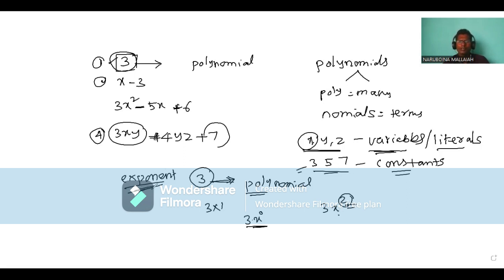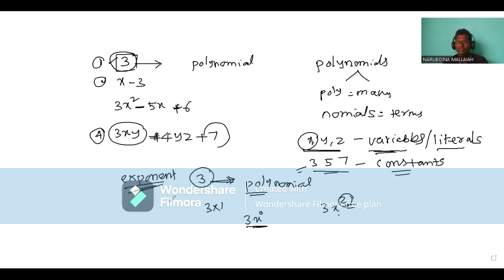So now I am defining this polynomial. A polynomial is an algebraic expression which contains variables, constants, and exponents combined by using mathematical operations such as addition, subtraction, multiplication, and division.